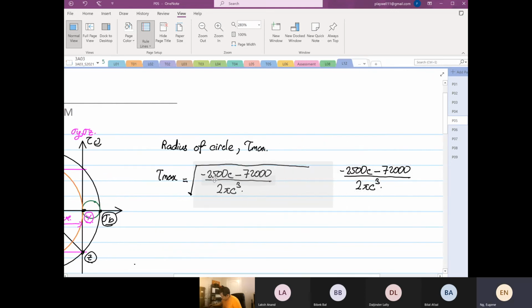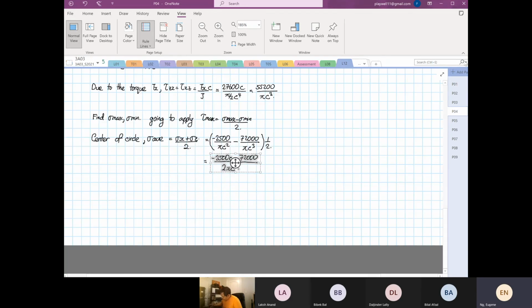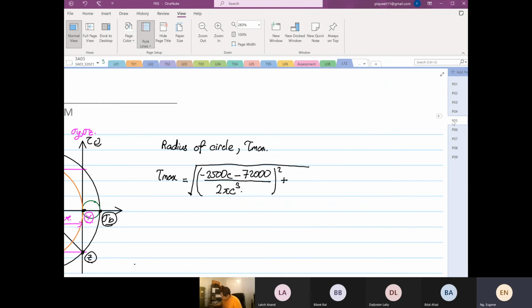This is our stress average, and this whole thing is squared, plus our shear value. Let me go back to the previous page, so our shear is here. Then this whole thing is squared. Okay, so now we found our radius.